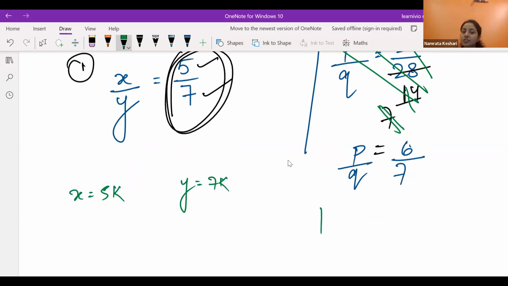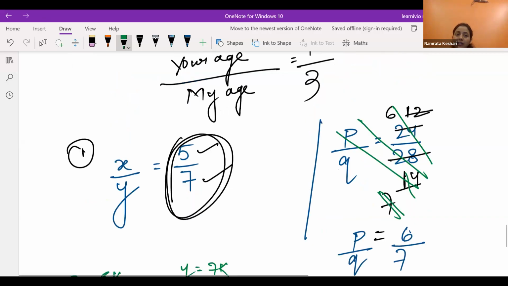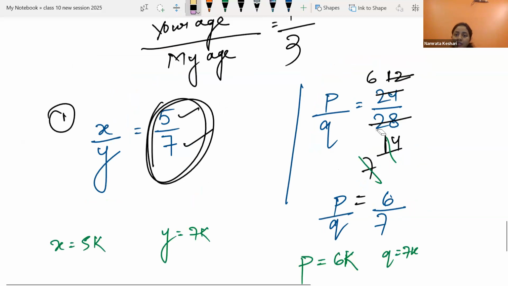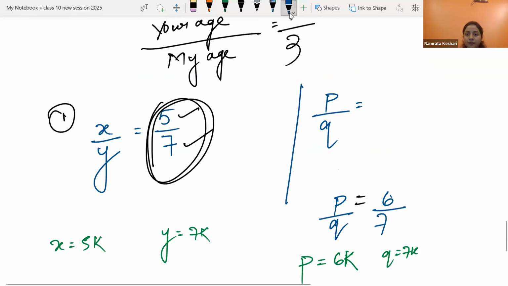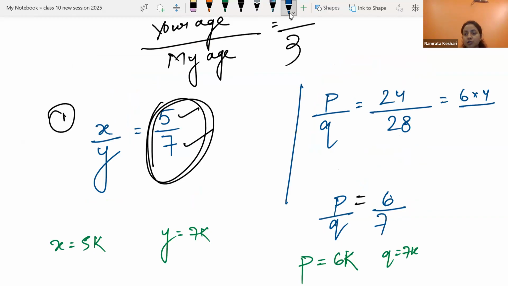Or in the second case we can say p is 6k and q is 7k. We need to multiply the same variable with both of them. Why are we multiplying the same variable? Because in the other case, can you see clearly that it was originally 24/28 and I have reduced it to the smallest fraction?